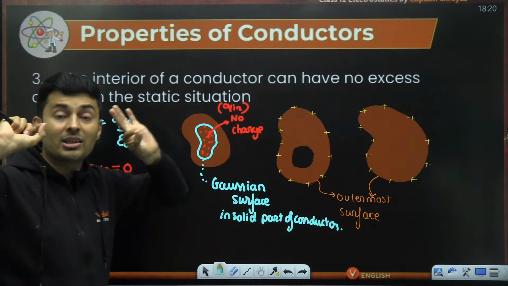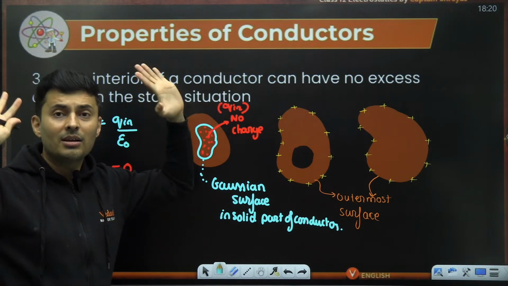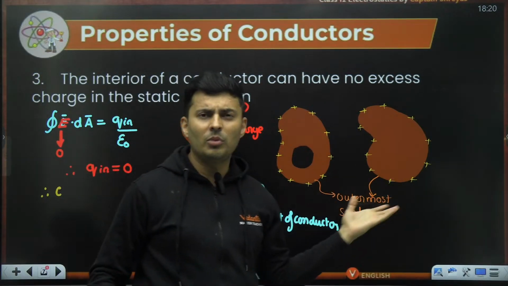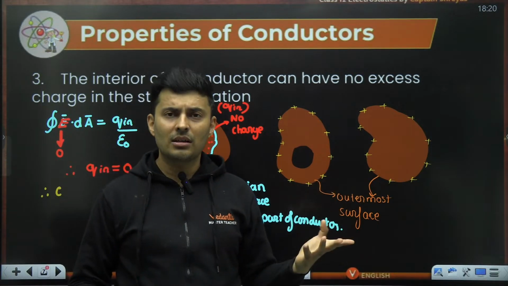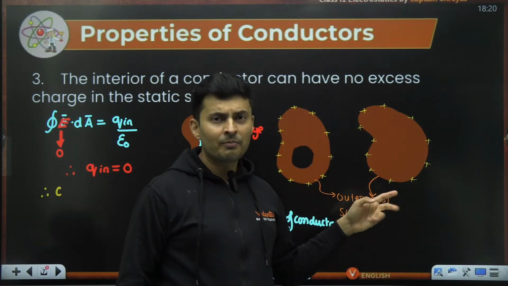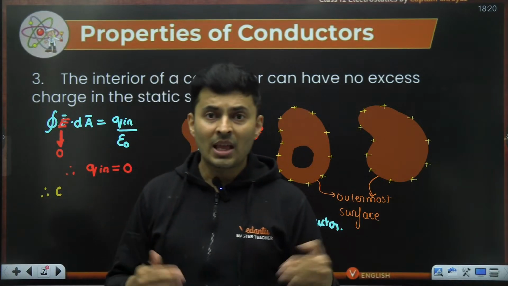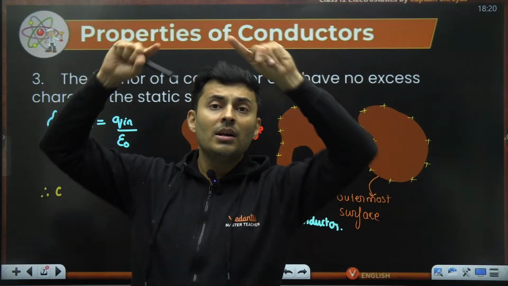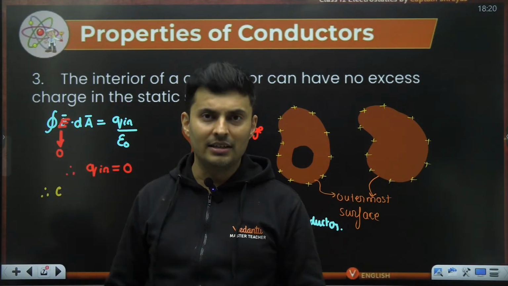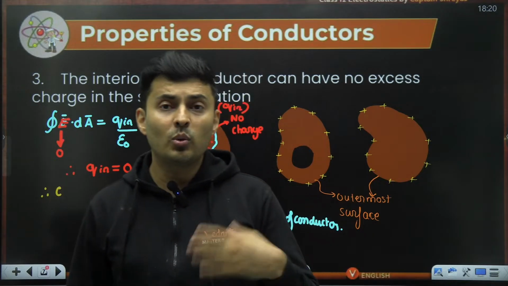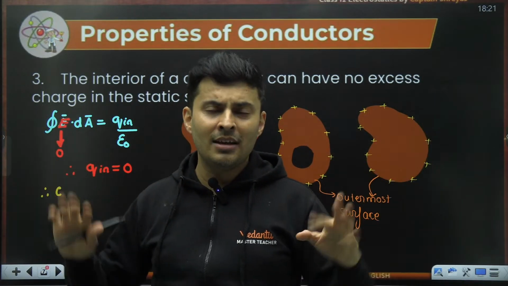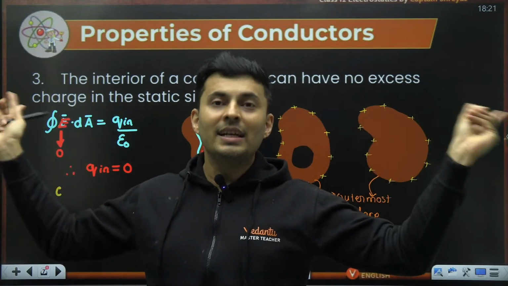So the charges are trying to run away from each other. And it kind of makes sense. Look at these charges. They are all positive or negative. They hate each other. Like charges repel each other. So they tend to move away from each other. And as an outcome, they end up on the boundary of the surface of the conductor. It's like you have 20-30 people who hate each other in a class. They will tend to sit away from each other, and probably they are sitting near the walls.